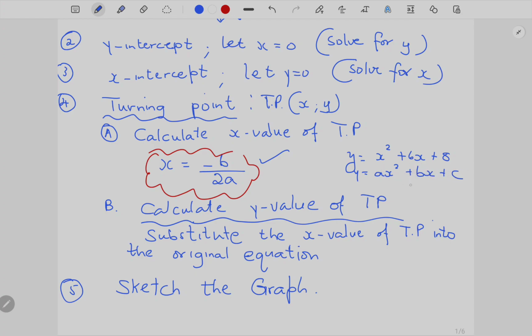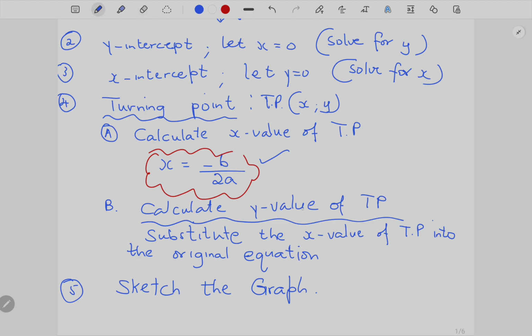I know you already know what I'm doing. The coefficient of x² is 1, so you must identify your a is 1, your b is 6, your c is 8. Can you see? This is how you do it. First, you must identify these values so that you can substitute them into this formula, more especially the value of b and the value of a.